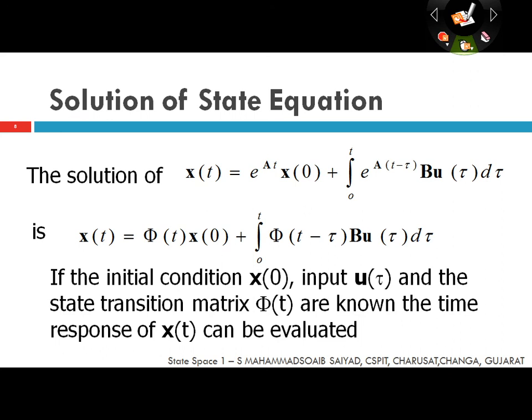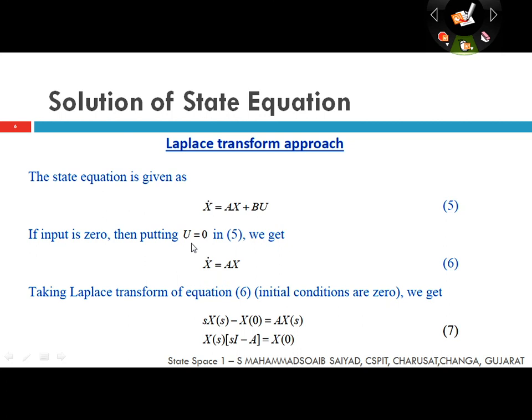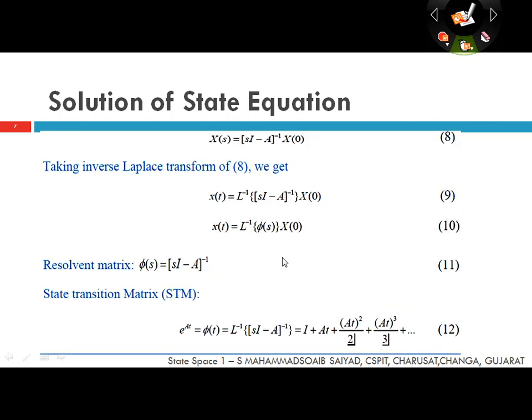There are a total of 3 derivations of the solution of the state equation. First is the simple vector form that I have done on the scratchpad. The second method is the classical approach, and the third method is the Laplace transformation approach.